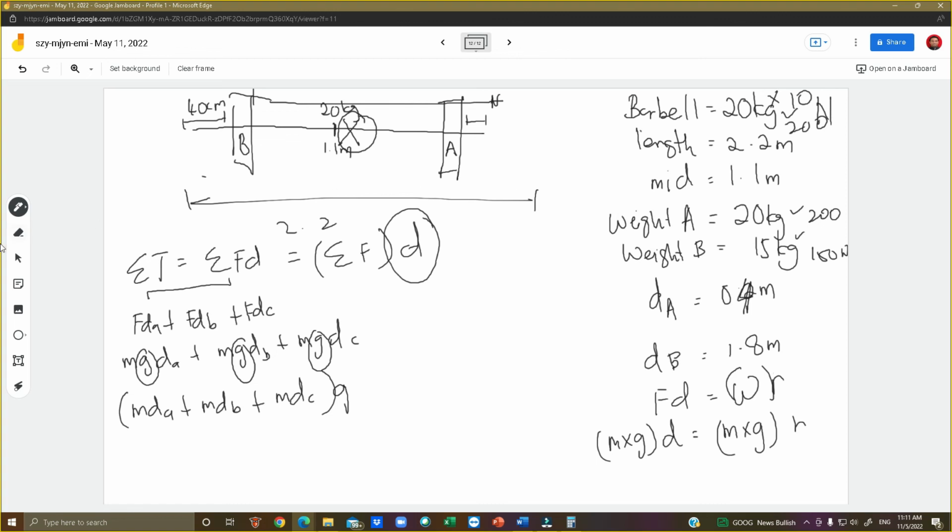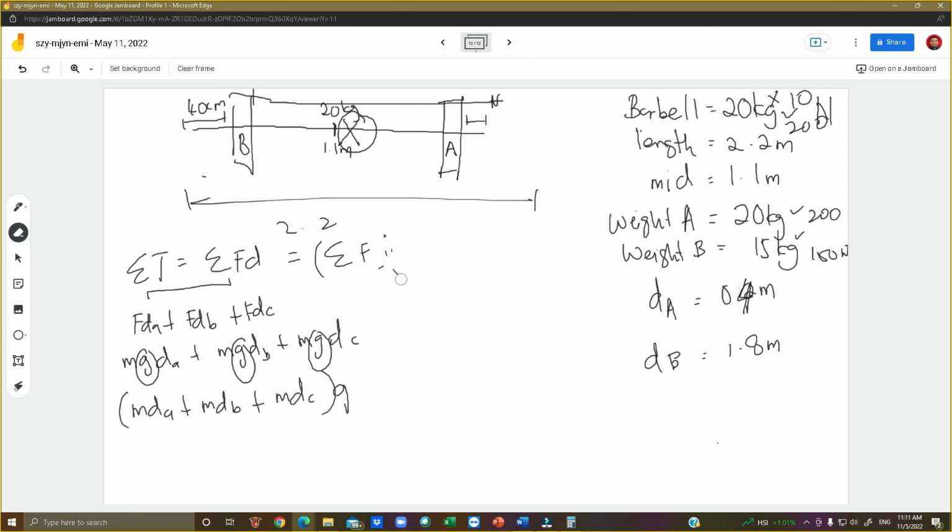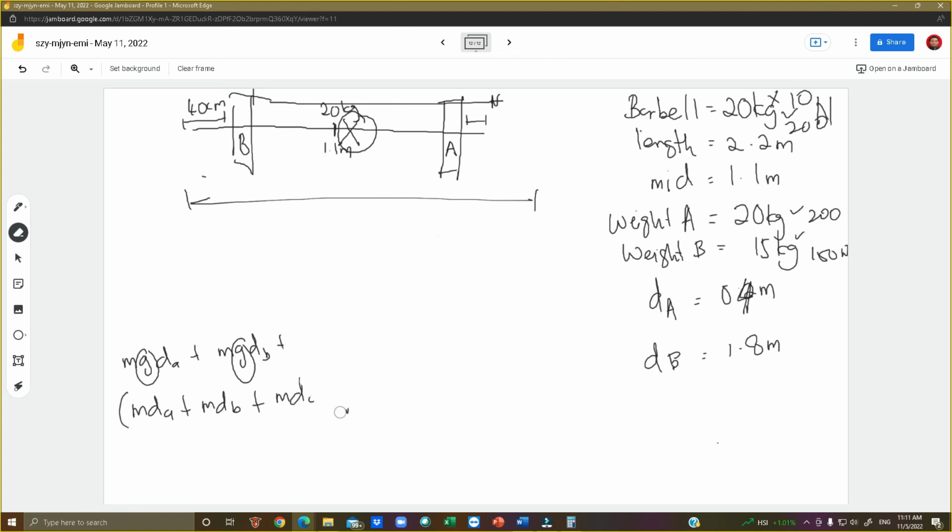Now, based on the new converted values, let's find out the new R. Where is the center of mass in this system in order to make the system equilibrium, in order to maintain no torque at the barbell, or else you are going to fall down.